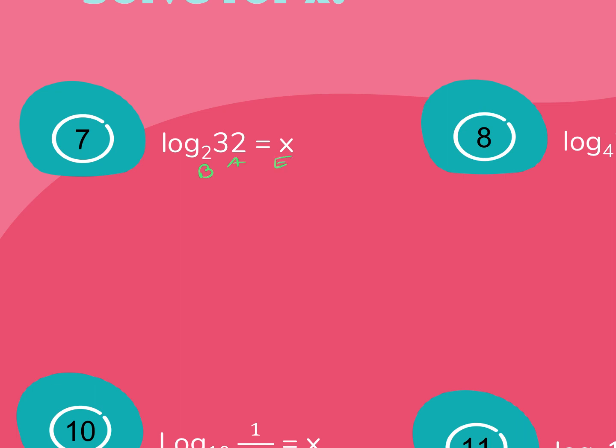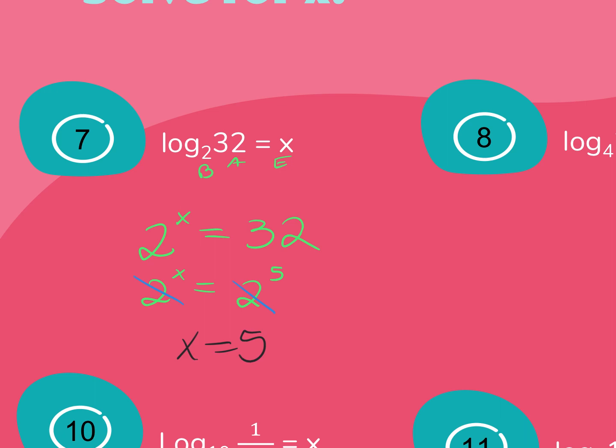And then if we move it to exponential, it becomes 2 to the x power equals 32. Now we have to use our 5-1 knowledge. We have to do the change of base. So I need to change 32 so it has a base of 2. I know that 2 to the 5th power gives me 32. Now that they both have the same base, I can get rid of the 2's, and my final answer is x equals 5.